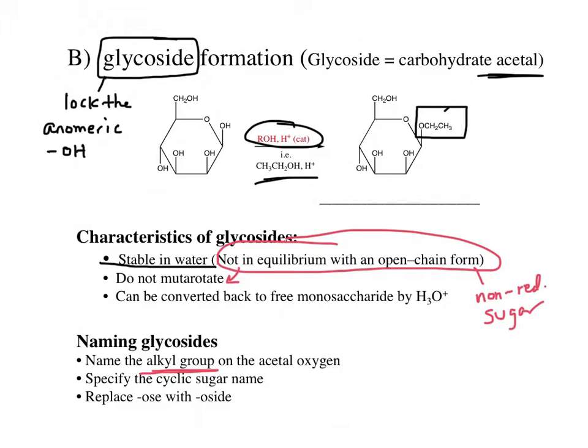So, this guy right here, I'm going to give you its sugar name. The cyclic sugar is mannose. This is D-mannose. Okay, so if that's D-mannose, then the acetal, or the glycoside that I made, we got to put ethyl in front because we stuck an ethyl group on there.